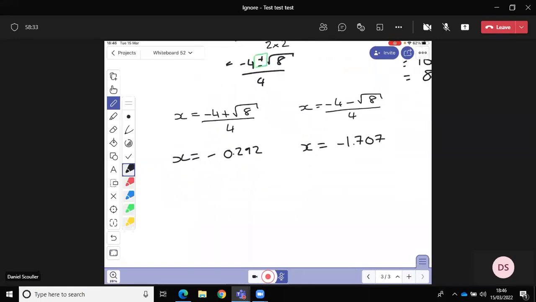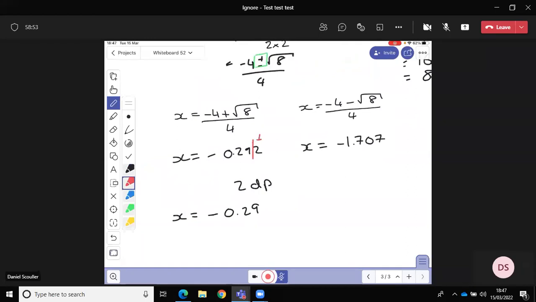Okay, remember to 2 decimal points. So x is equal to negative 0.29. Remember we're splitting it there and then we're thinking about what that number is.